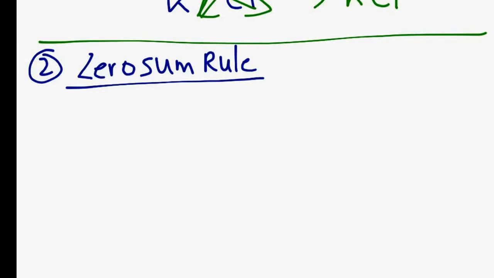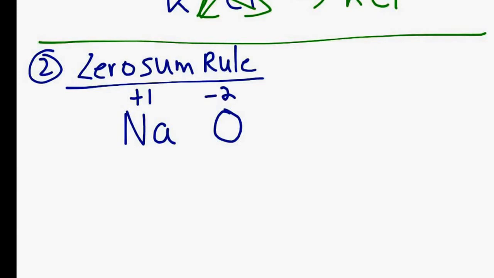So sodium oxide. Sodium has a charge of +1. Oxygen has a charge of -2. The bigger number here is 2. What do I have to multiply sodium by to get +2?